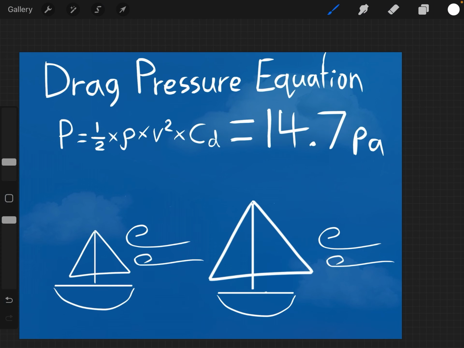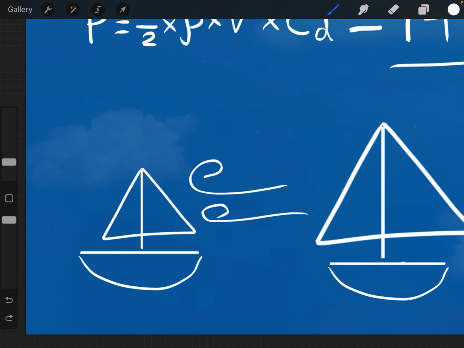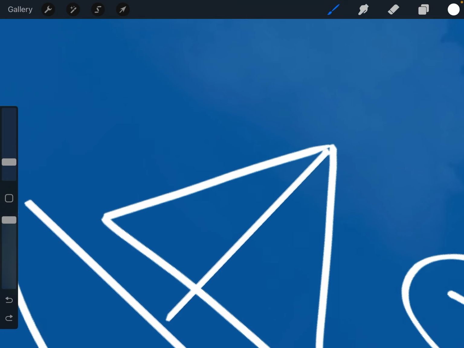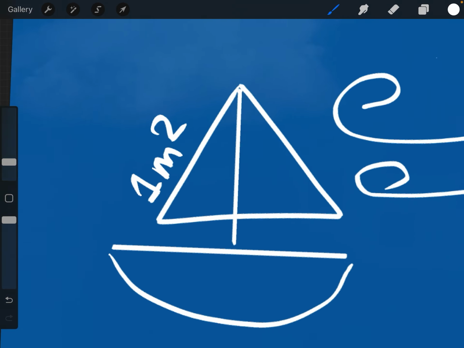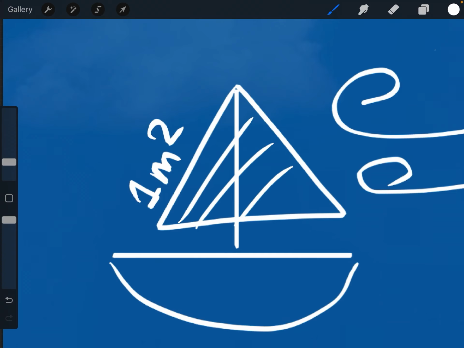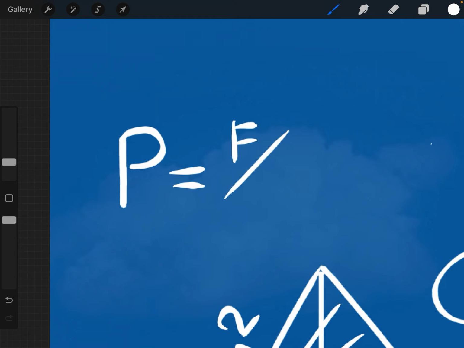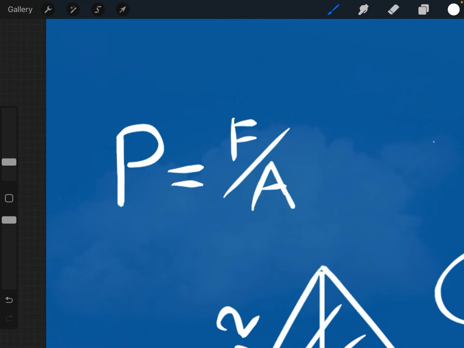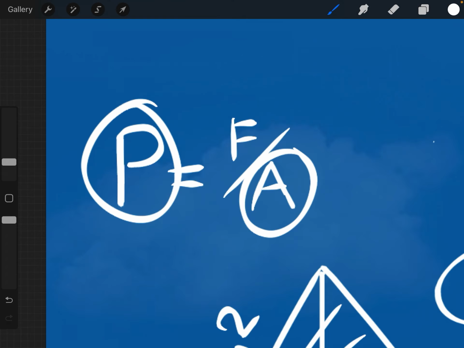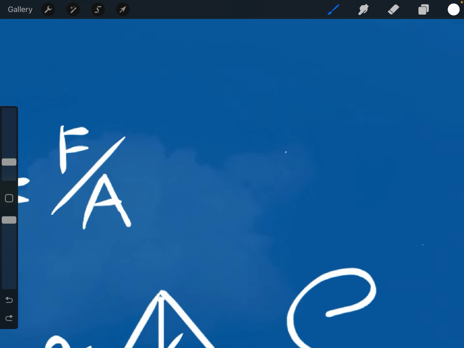So what this means is that if we know the pressure that the wind applies to the sail, we can work out the force that this wind is exerting on the boat relative to the size of the sail. For example, if this sail is 1 meter squared, so we have 1 meter squared of area, then we can take our formula for pressure, which is pressure is equal to force over area, and we can multiply both sides by the area to rearrange it to make force the subject.